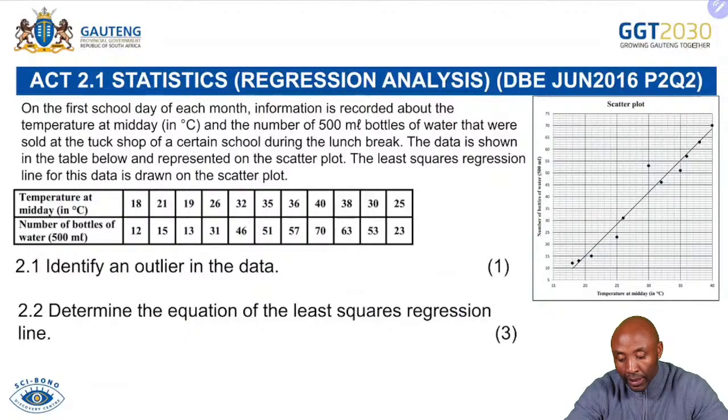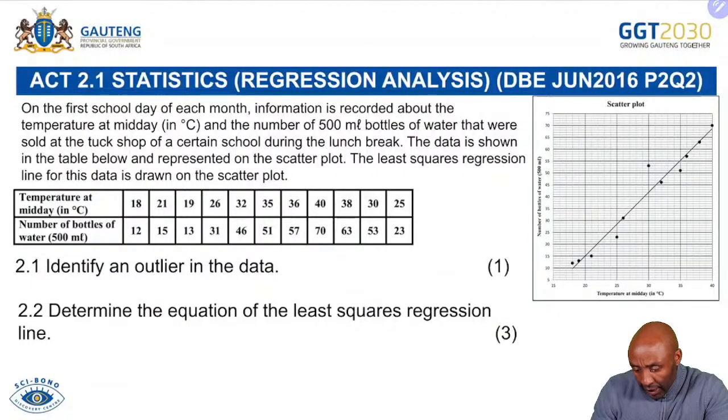So in this case, an outlier is a point that is furthest from our line of best fit, in which case we are able to see that there is a point plotted there, which is furthest from our line of best fit.